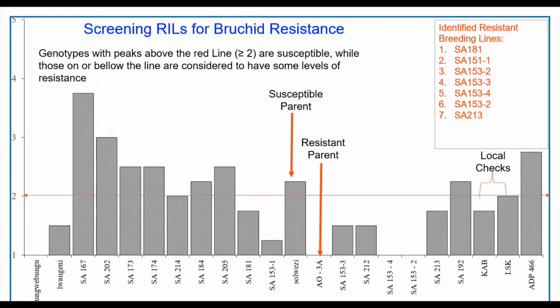What I'm showing here is just to give you a sense of the variation in terms of resistance that we have in one of these populations, which is a cross between Solwezi, our preferred landrace here but susceptible to the weevils, crossed with the resistant line. And what we see there, you can clearly see that some of these lines show very good levels of resistance. Those are about 7 lines which I've listed there. We are quite confident that their levels of resistance could be acceptable to the farmers.